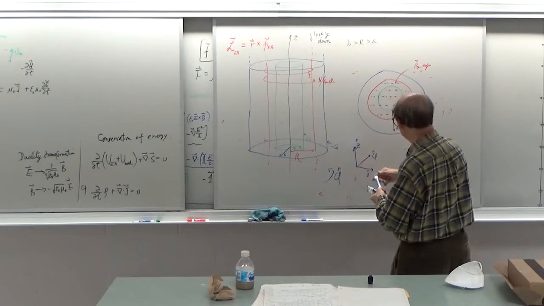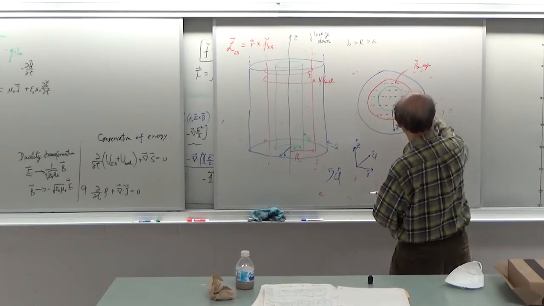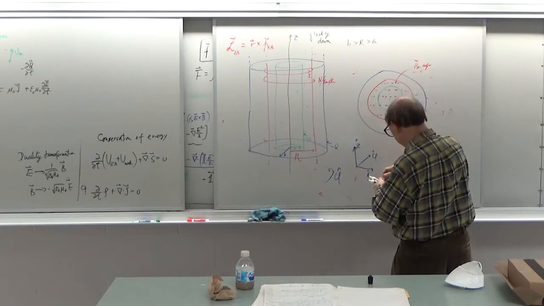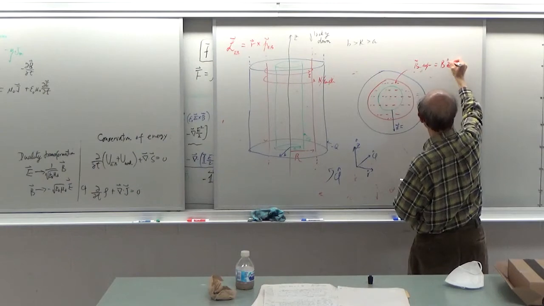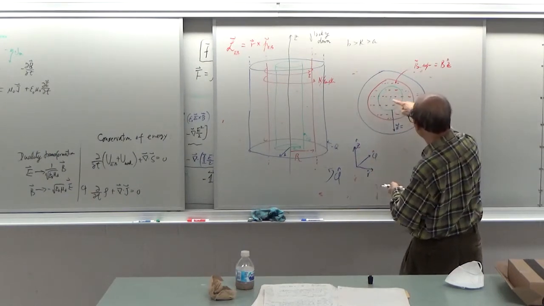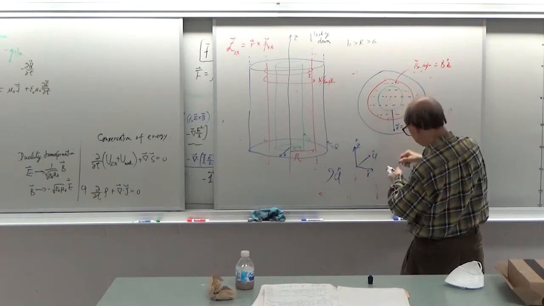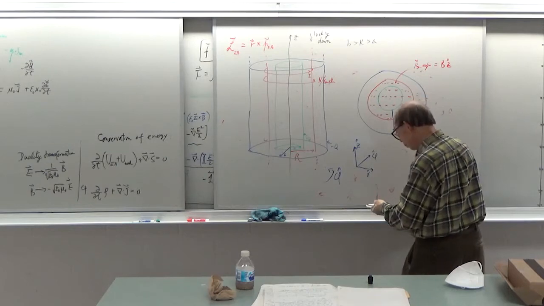They are all orthogonal to each other. All right. So B, of course, goes up, so it's along the z hat direction. And E, of course, points along the radial direction. So E is radial out.